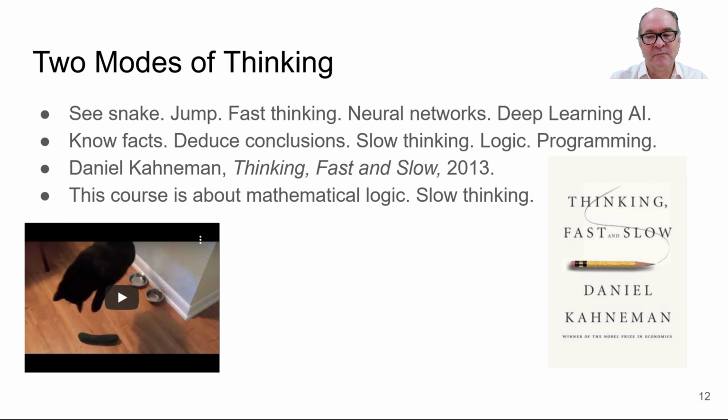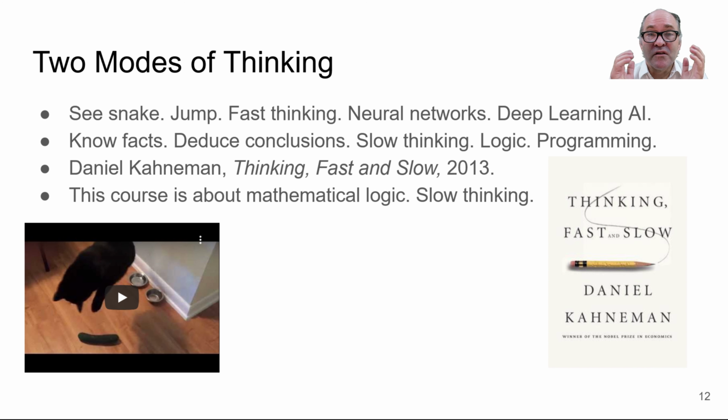That's slow thinking. Now, most of the computer science that you've learned so far is about slow thinking. What are you doing when you write a computer program? You're writing a step-by-step, logically deductive process that, when started with certain inputs, goes through step-by-step logic and finally produces an output that you interpret generally as having some meaning in the real world.